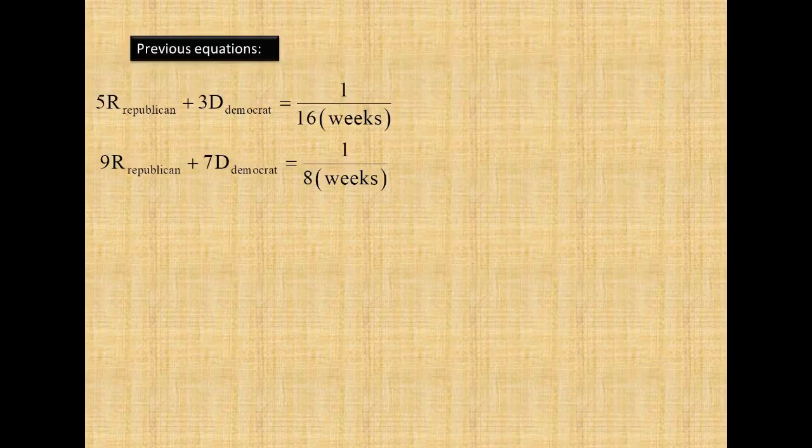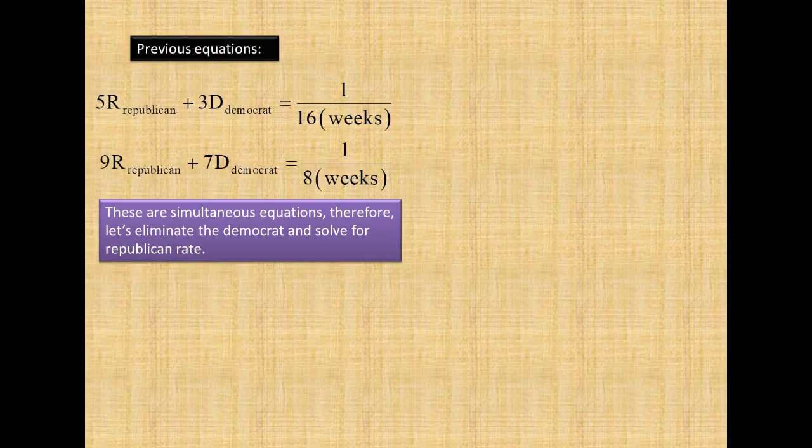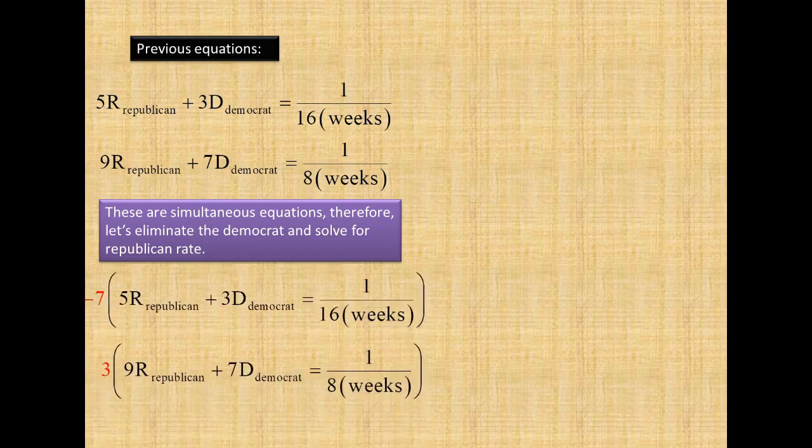Let's continue. So here are our previous equations. These are the simultaneous equations. Therefore, let's eliminate the Democrat and solve for the Republican rate. In order to do that, we'll multiply the top equation by -7 and the bottom equation by 3.